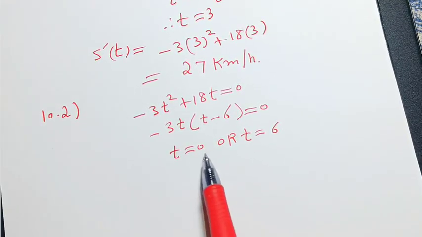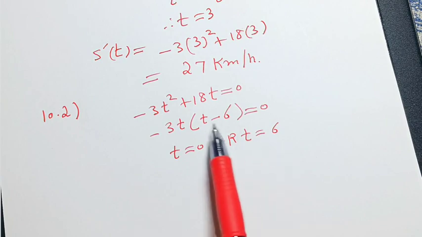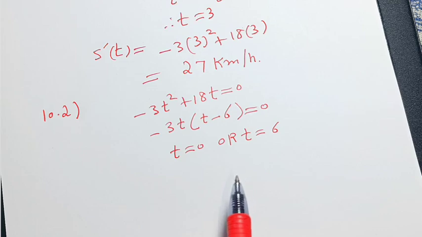Therefore t is going to be equal to 0, or t is equal to positive 6. T equal to 0 represents the start at town P, and t equal to 6 represents the time when the cyclist stopped at town T.